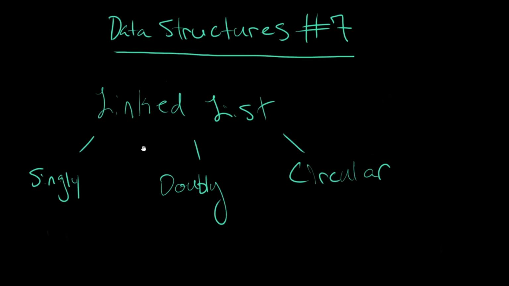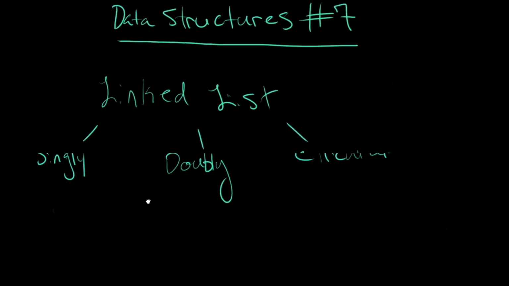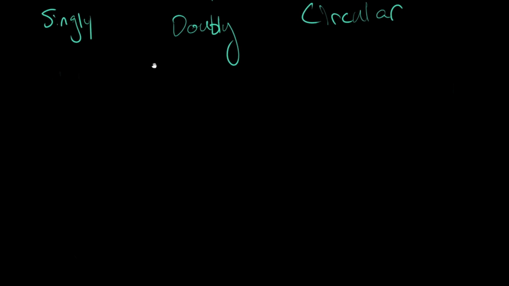That's why it's called a linked list. So we aren't going to be able to index. We're going to have to start at one element and then go through each and every other element. That's the disadvantage with the linked list: you have to start at one node and go through all of the nodes instead of just being able to go to one node. Anyways, we're going to look at the singly linked list today.